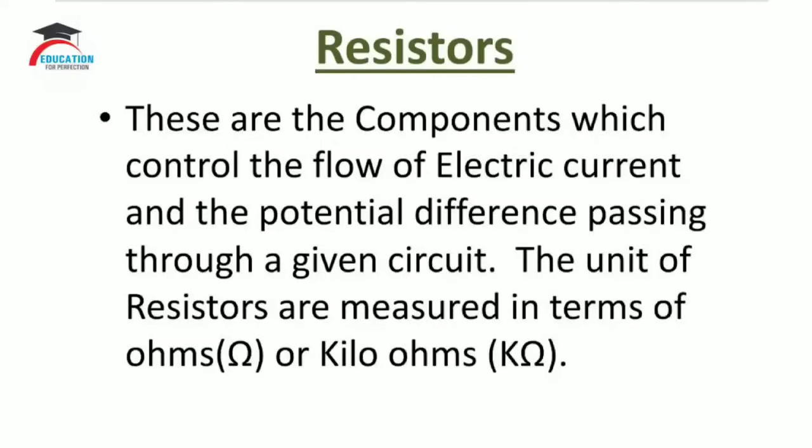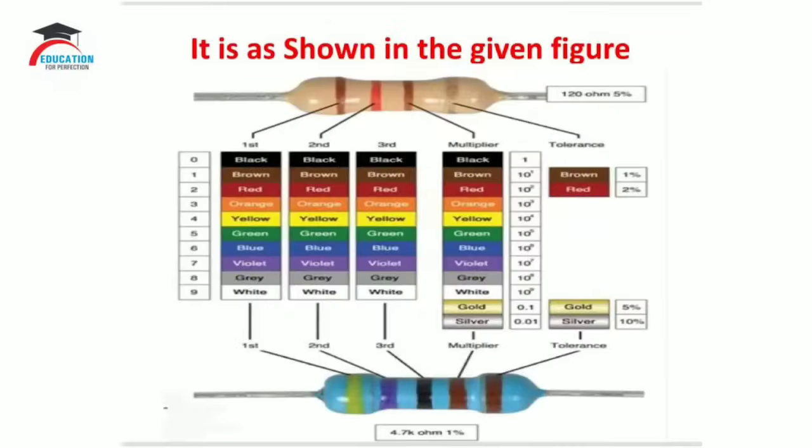The unit of resistors is measured in terms of ohms or kilo ohms. These resistances can also be measured with the help of a measuring instrument called an ohm meter. So friends, let us now study about the resistors in detail.